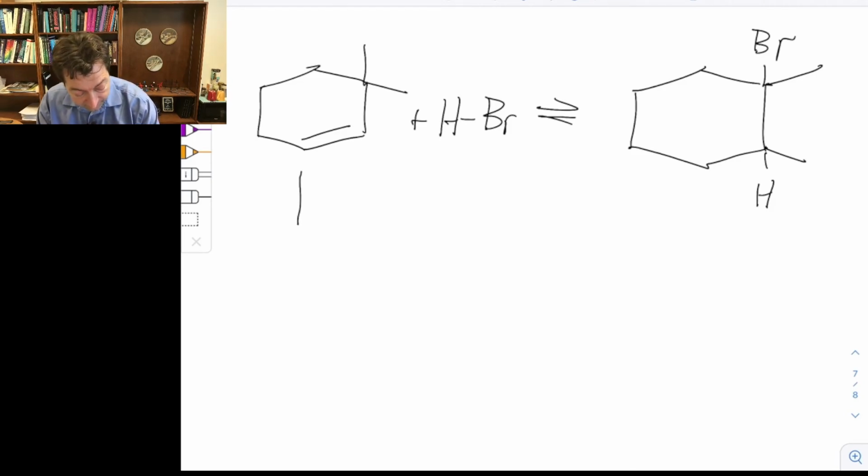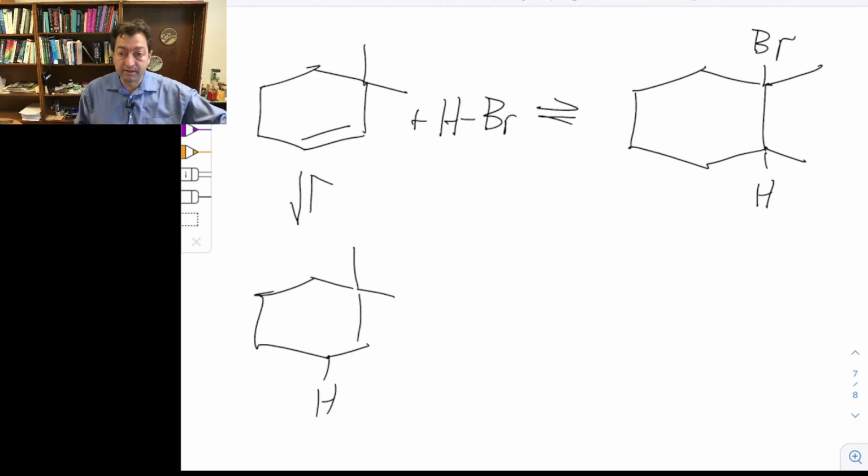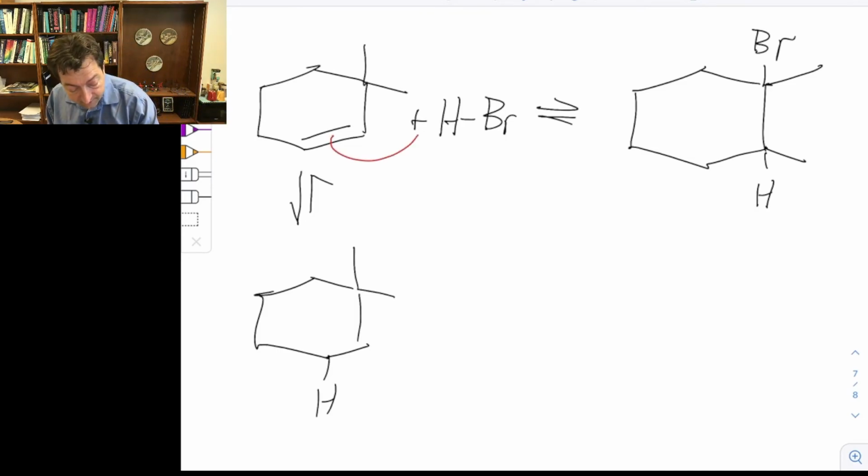Again, here we would add a hydrogen across that double bond. The double bond attacks that proton as a nucleophile. I can draw the arrow in here just to show what step is happening there. We draw something that looks like a secondary carbocation.